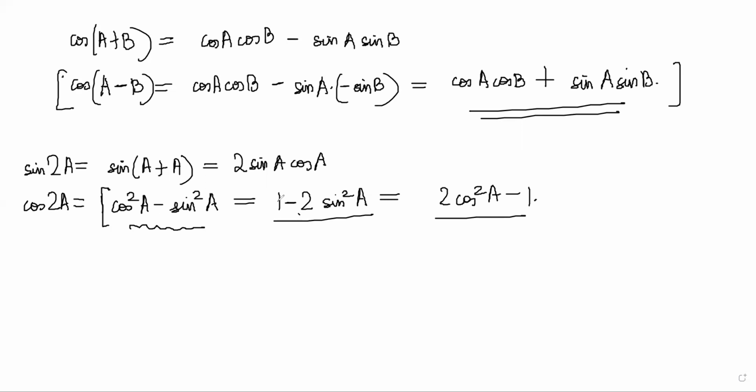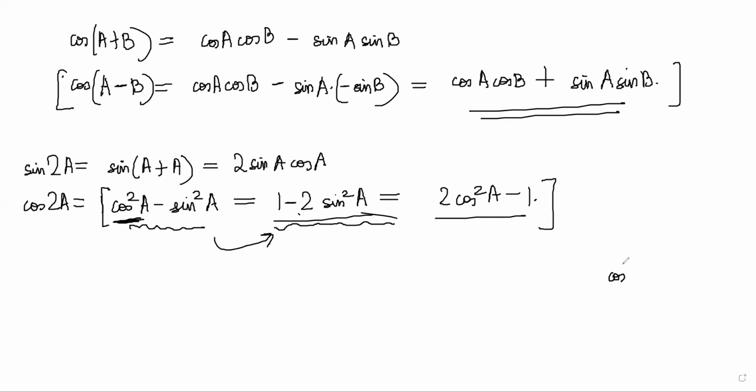Put cos square A equal to 1 minus sin square A in cos 2A, and you will get this.